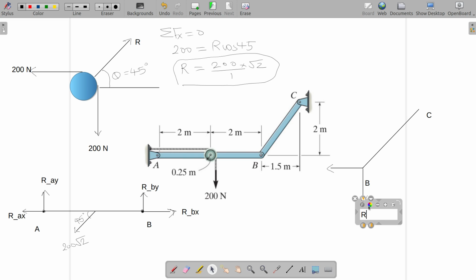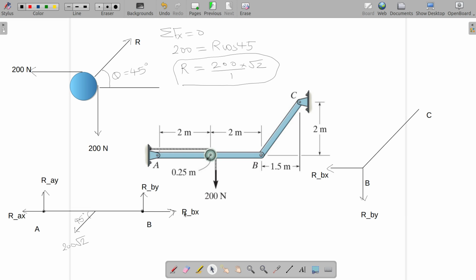So this magnitude will be RBY and RBX, right? RBX here.